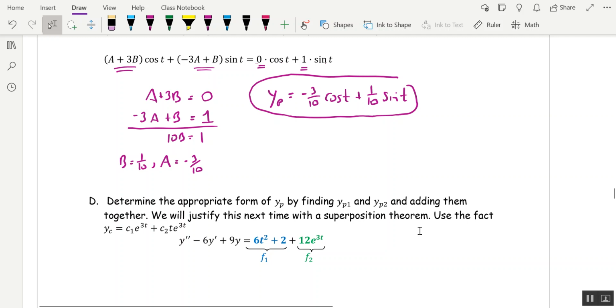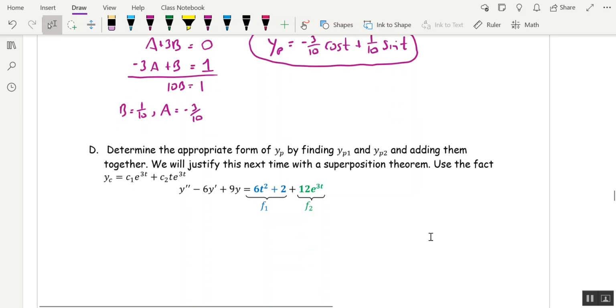Suppose your f has two parts, like a polynomial and an exponential, where it's a sum, not a product. Then there's nothing in the table that would give you a trial yp for this function f. So the way to do that is to think of it as an f1, which would be a polynomial, and an f2, which is an exponential.